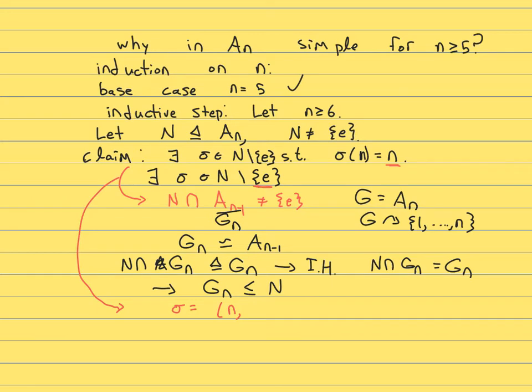The next element in the cycle is going to be some element a. And we're going to have different cases. One of the cases is that there's other elements on the cycle. The cycle's length is at least 3. And then there's a bunch of other cycles that I'm not going to be concerned about. But the point is that the cycle containing n has length at least 3. Suppose that is true.